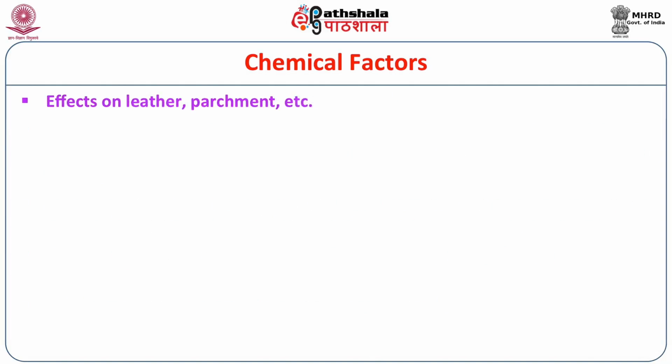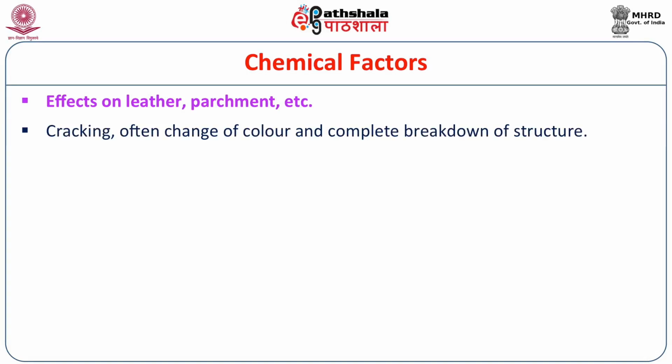The main chemical factors which affect leather, parchment, etc., which already constitute a large portion of our cultural heritage, is mainly cracking. It is due to the change of color and complete breakdown of the structure.